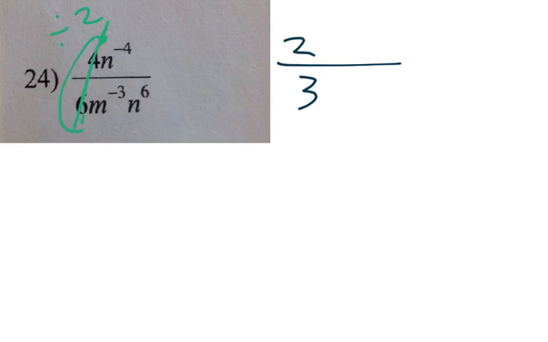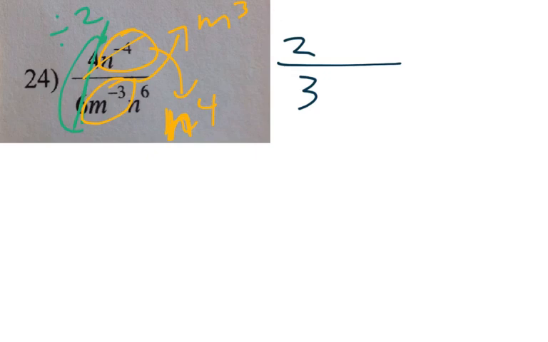Notice we have several negative powers. So, couldn't I take that n^-4 and do its reciprocal, so n^4 in the denominator, in other words, instead of being in the numerator? And couldn't I take this m^-3, and since it's already in the denominator, flip it to the numerator and have m^3 in the numerator?